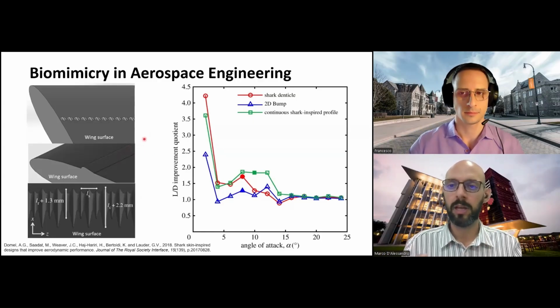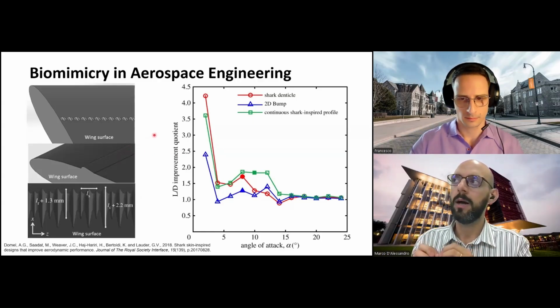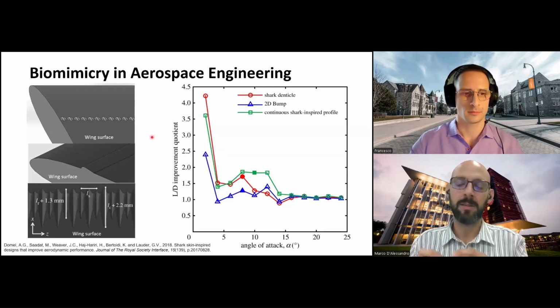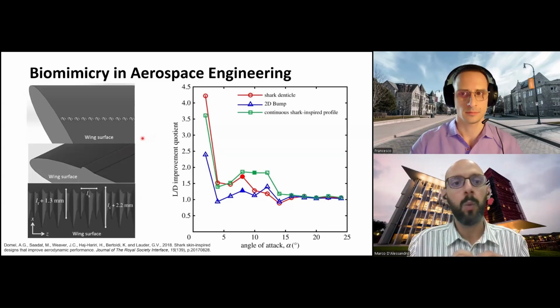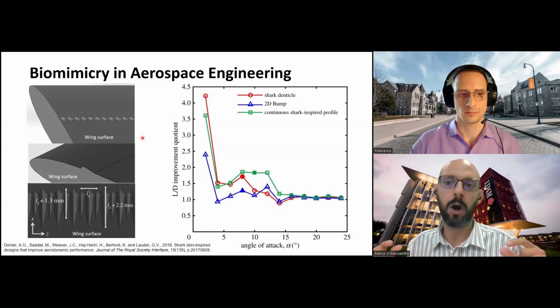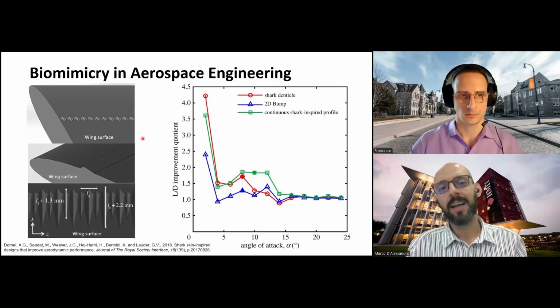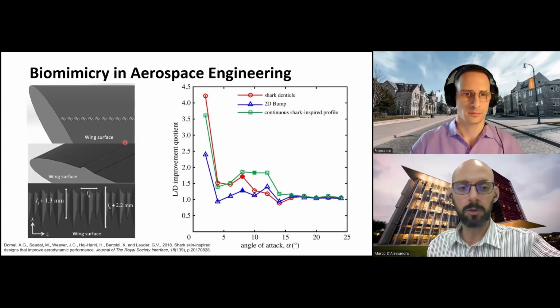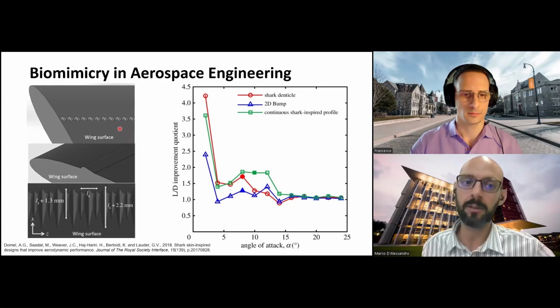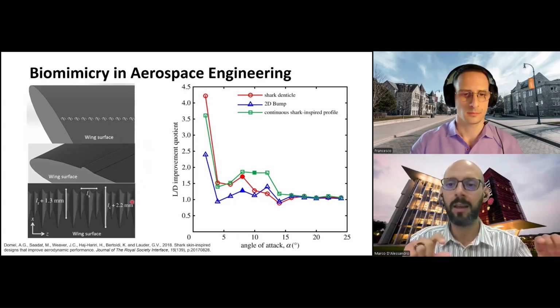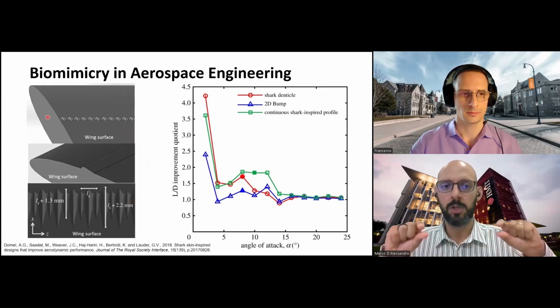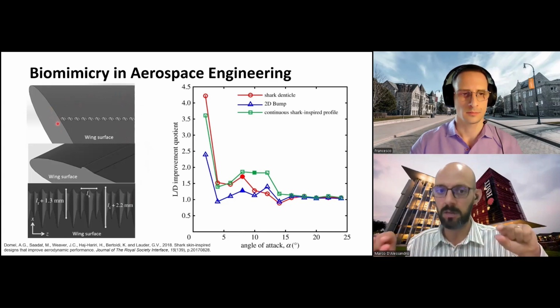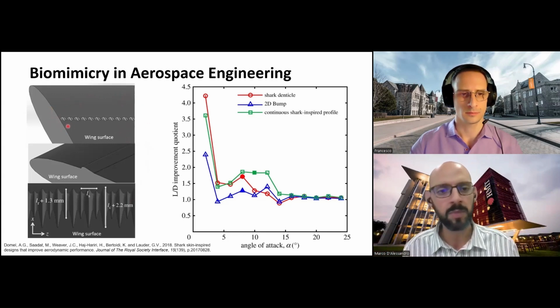designed a very thoughtful experiment to analyze the performance of an aircraft wing with the presence of some type of structure on the wing itself. And as you see from top to bottom on the left side, they analyzed first a line of objects shaped like denticles on the surface of the wing.